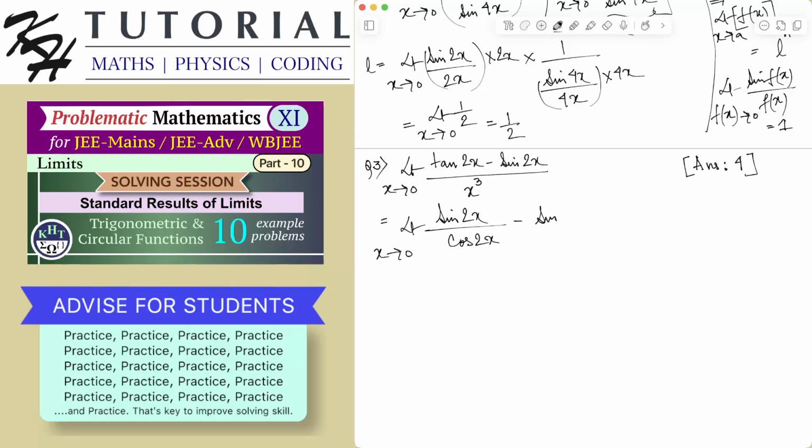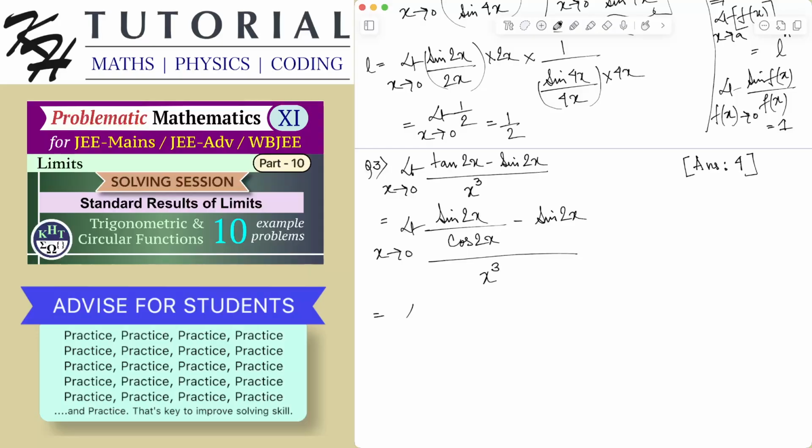minus sin 2x, and always remember, whenever you are given trigonometric functions, and if you have to apply the standard results of the trigonometric functions or even circular functions, you have to rearrange the entire given function as a factor of function of tan or sin or cos divided by x cube.